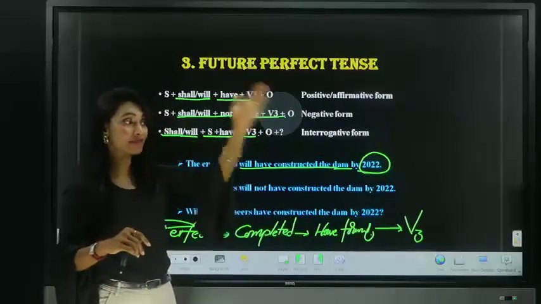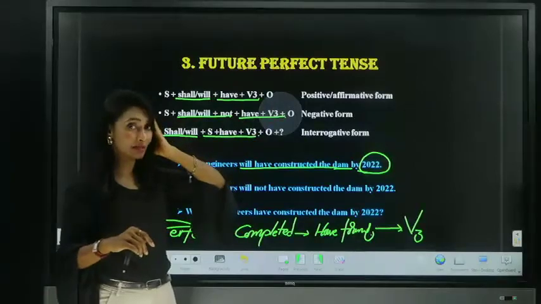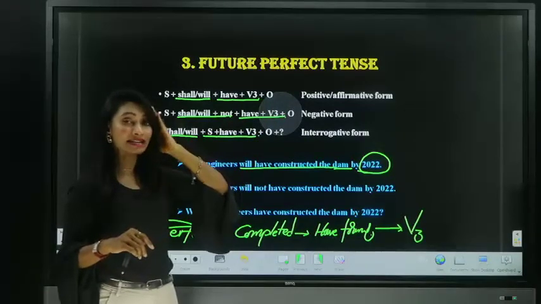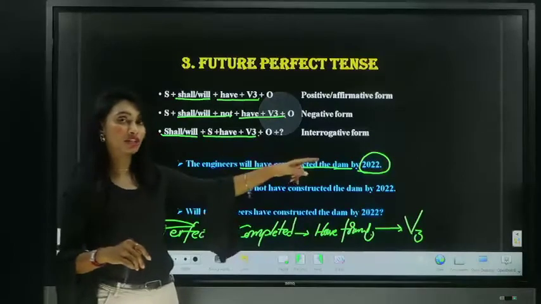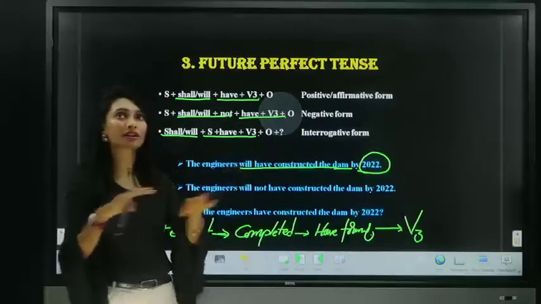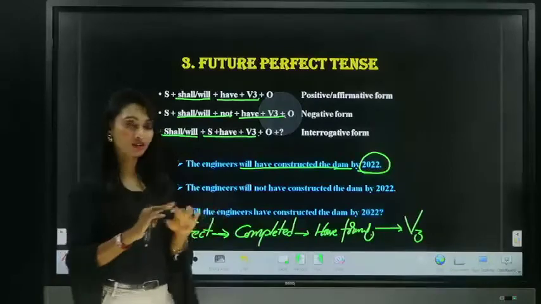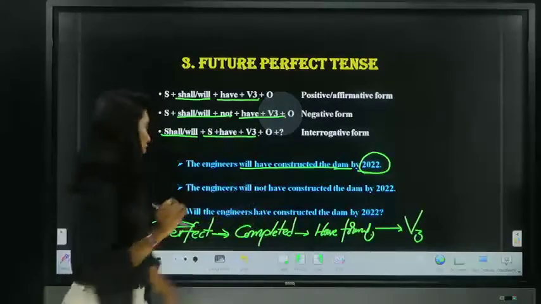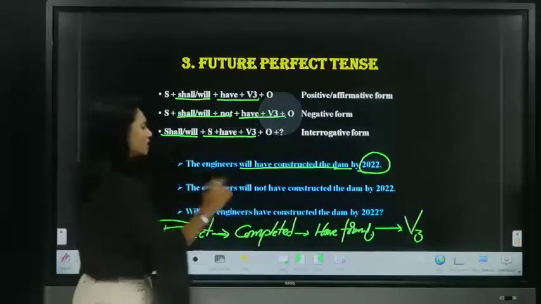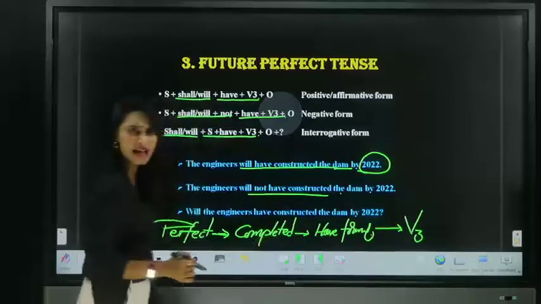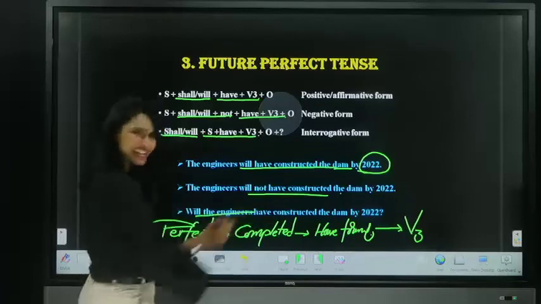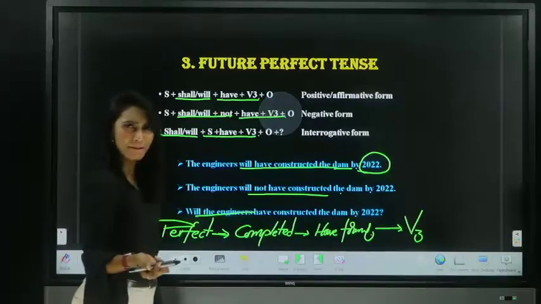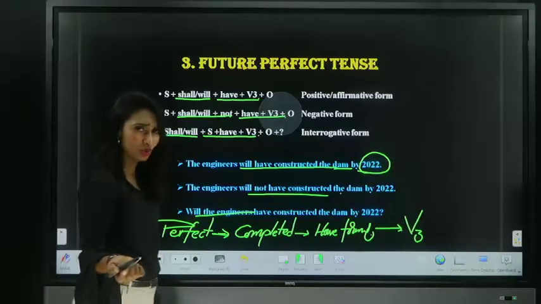That means again we are putting our thought process, our imagination. So we are thinking that by 2022, the engineers will have constructed the dam. The construction will have been completed. Now, negative. The engineers will not have constructed the dam by 2022. Interrogative. Will the engineers have constructed the dam by 2022?